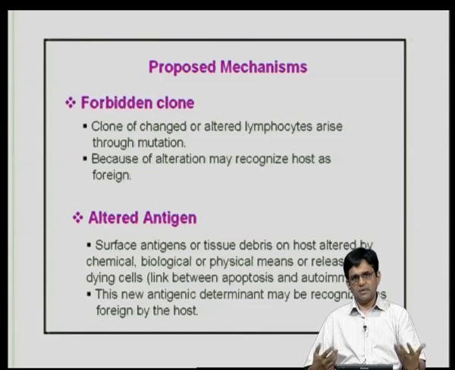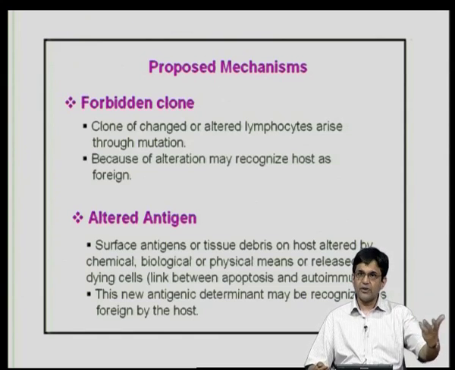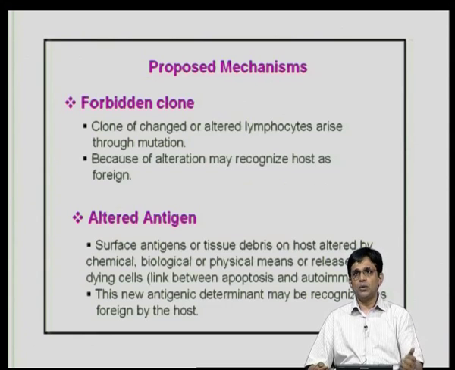This may certainly occur, because if you remember, especially in case of your B cells, there are somatic mutations that take place, and because of this it is possible that a receptor is generated which starts recognizing self tissue, and then this amplifies itself. Because of recognition, it will start amplifying itself, and this may result in an autoimmune disease.